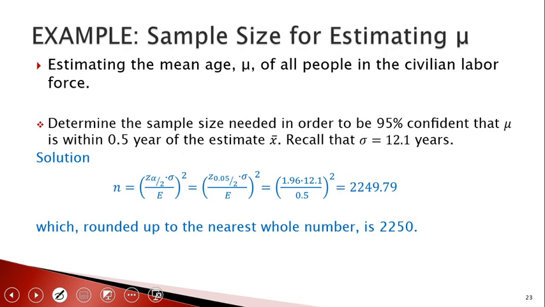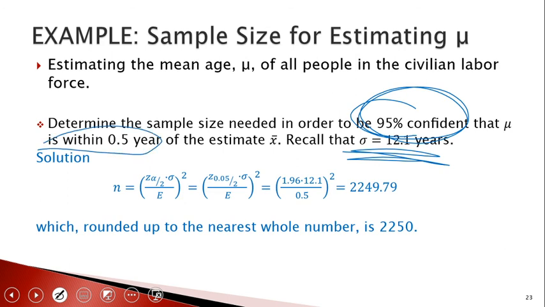I think they have given an example. Sigma given, okay. 95% confidence, so you can calculate alpha using this. Mu is within 0.5 years, which means your error is 0.5. Got it? Mu within 0.5. Mu means x bar, this side.